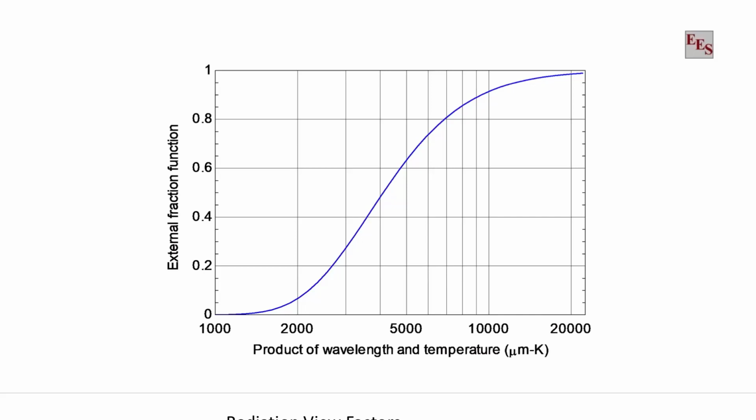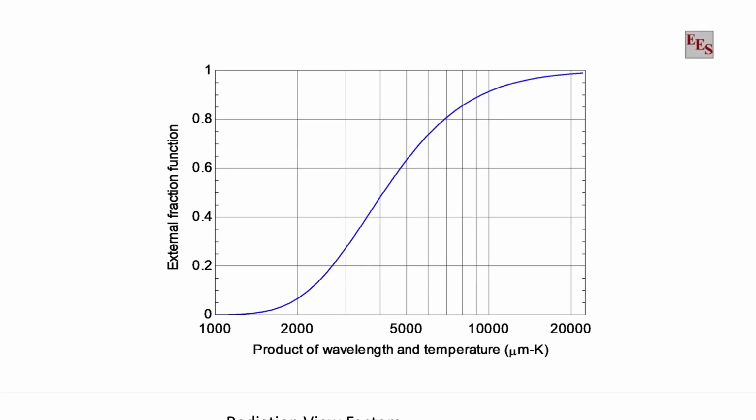Give me a temperature and the corresponding wavelength region, and you can calculate the fractional function based on the product of the temperature in absolute units and the wavelength. Here's a plot showing that if that product is pretty low, then the fractional function is going to be close to 0. If the product is really large, it's going to go to 1. And you're always going to be bounded between 0 and 1.